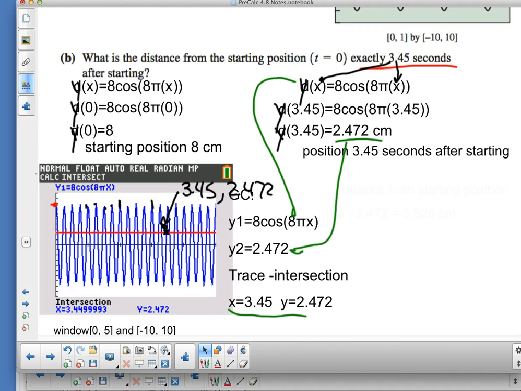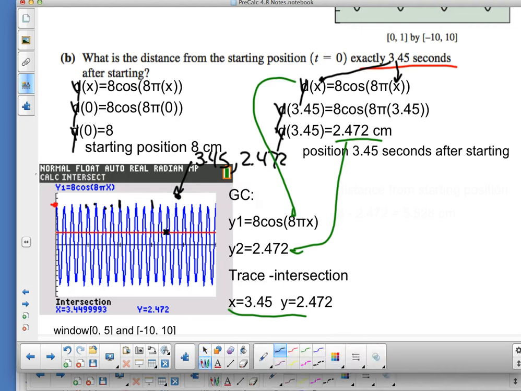Now, that's my position, but you've got to keep in mind my starting position was 8 centimeters. And right now I'm at 3.45, and the question is, what is the distance from the starting position exactly 3.45 seconds after starting? How far away is this distance?